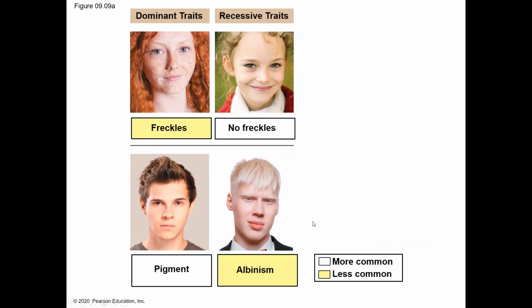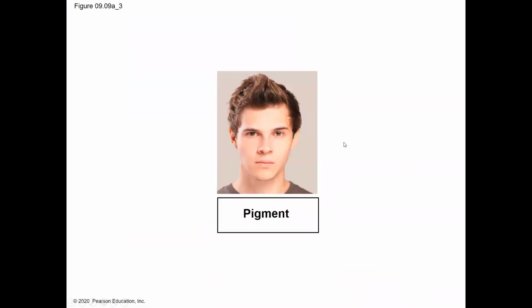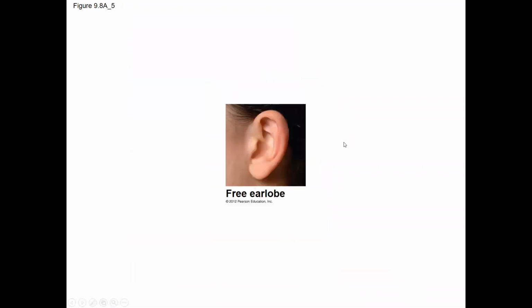While some things are rare, for example, having albinism, which means you have no pigment, is less common and it is recessive. Another example would be free earlobes and attached earlobes, where free earlobes are dominant and more common in the human population.